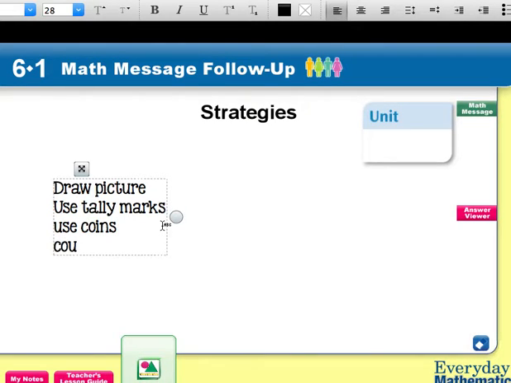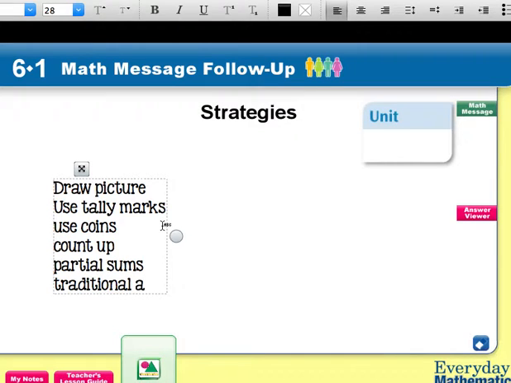We can count up. We can do partial sums, traditional addition. We have lots of different ways. Remember, it's not how you get there, it's that you get to the answer.